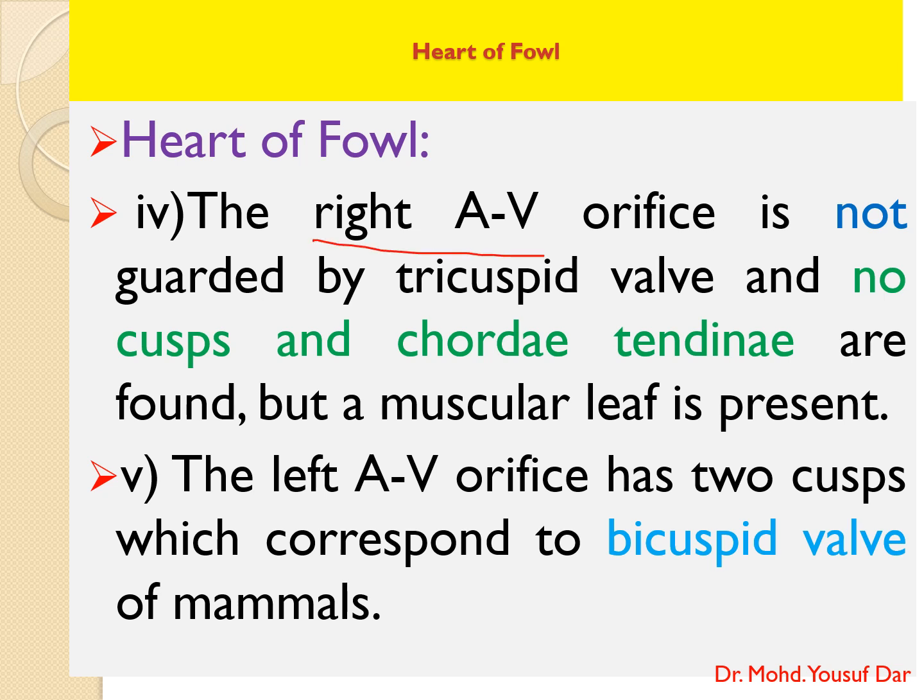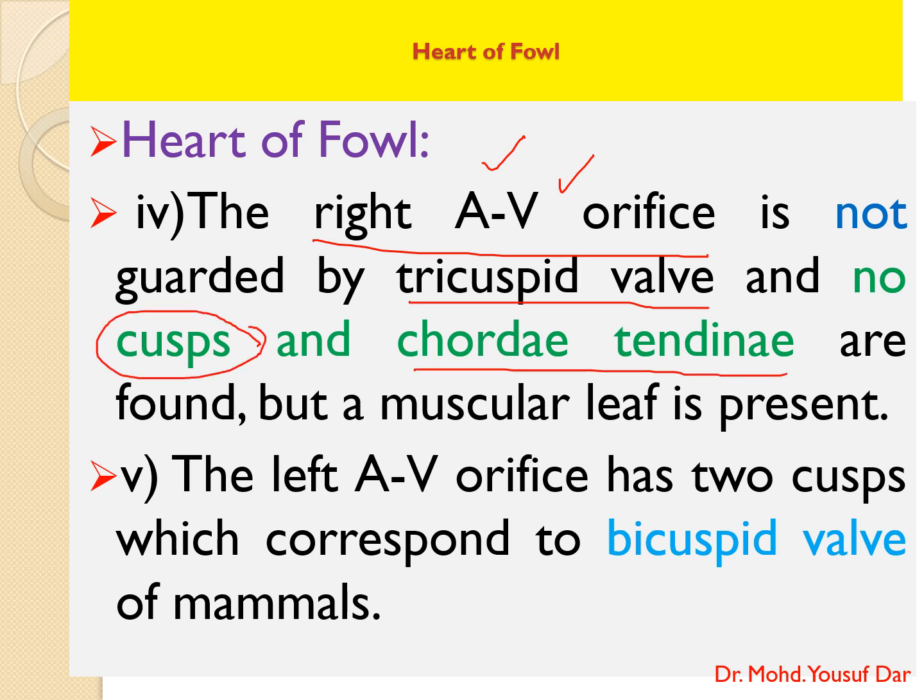The right atrioventricular orifice, which communicates between the right atrium and the right ventricle, is not guarded by the tricuspid valve. It means that there are no cusps present and there are no chordae tendineae present.